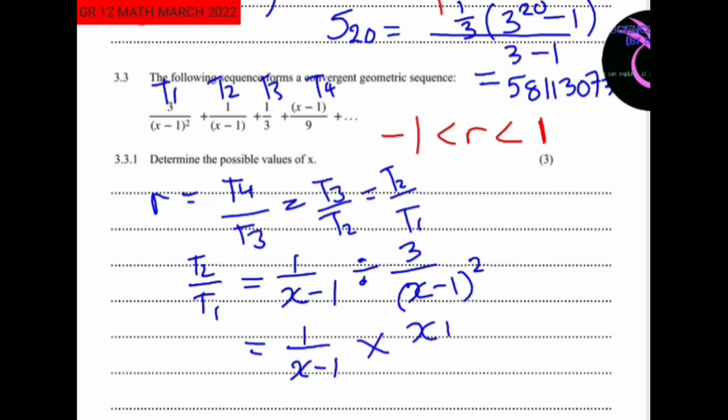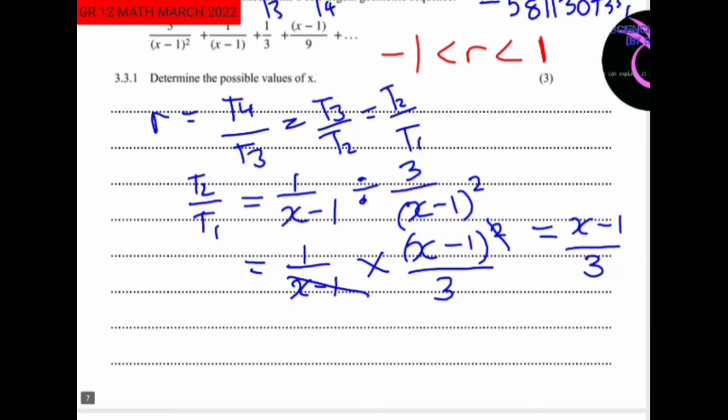So the x minus 1 squared goes on top, the 3 goes to the bottom. The x minus 1 squared we can divide across, so this exponent goes, that one goes, and I remain with x minus 1 over 3. So r is x minus 1 over 3.